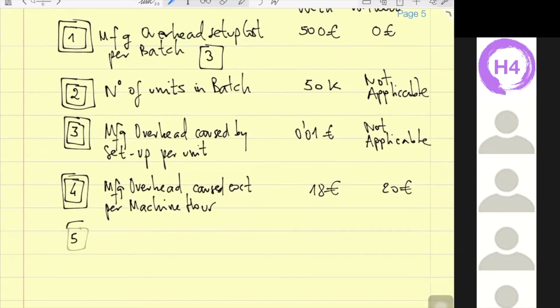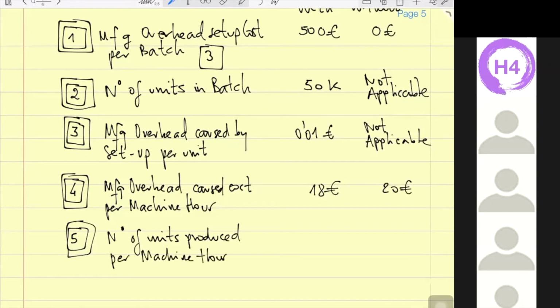Number 5, number of units produced per machine hour, 50. This is given.